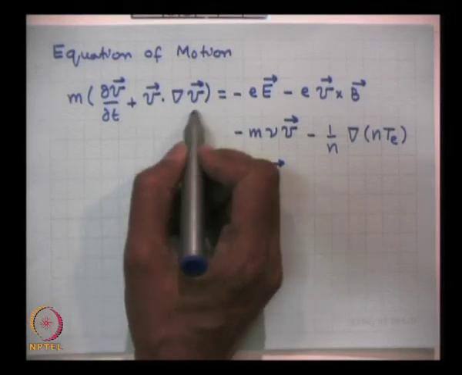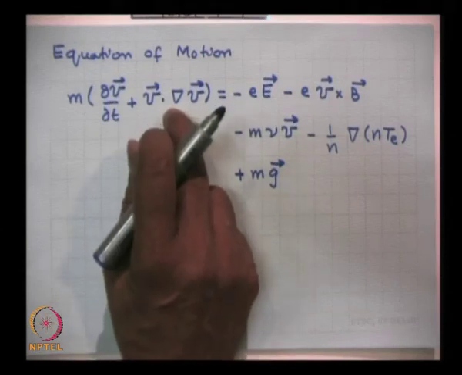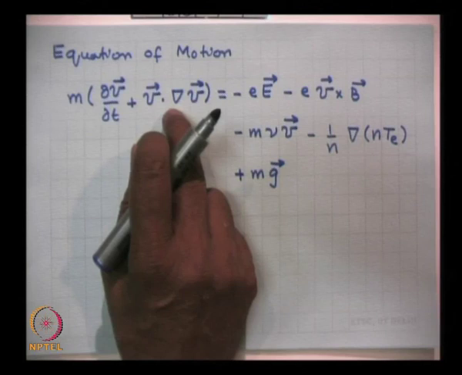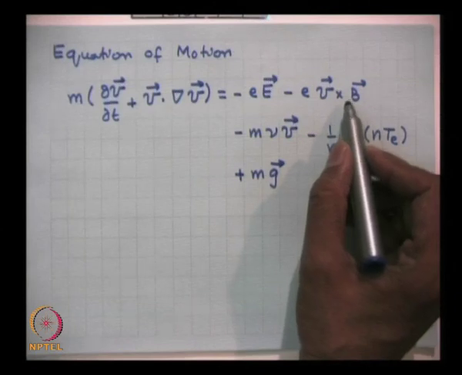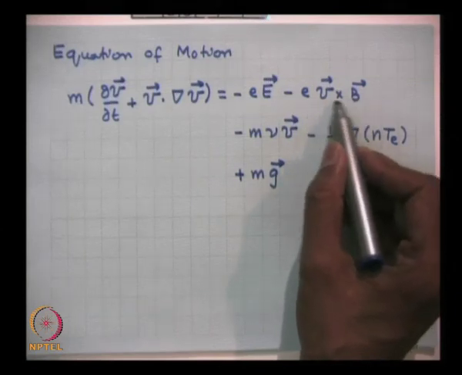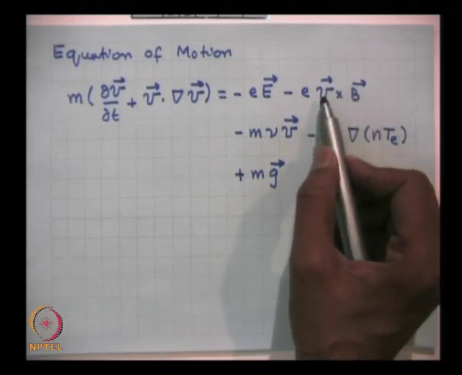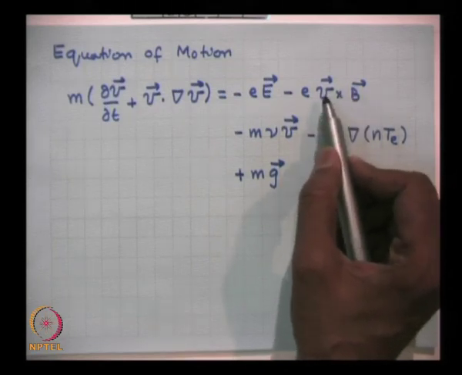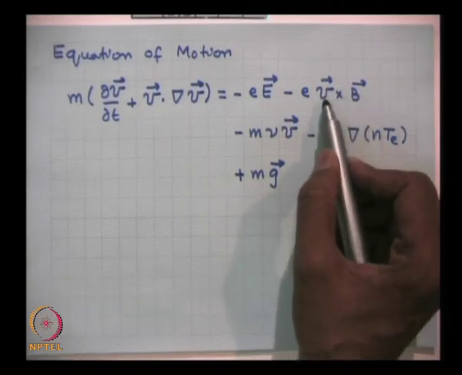This product of V's is called a nonlinear term, and it is a typical characteristic of plasmas that in many applications these nonlinear terms become important. This is largely the source of nonlinear phenomena like harmonic generation, parametric instabilities, and many others. Similarly, if there is a magnetic field of the wave, then this V cross B term you cannot ignore, and it also is called a nonlinear term because the force involves the response itself.